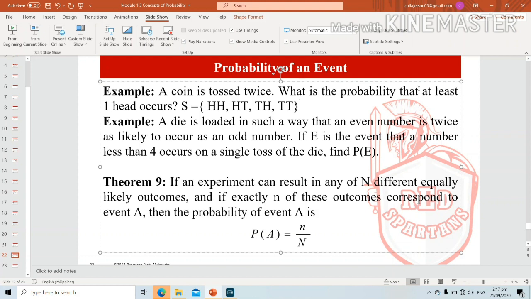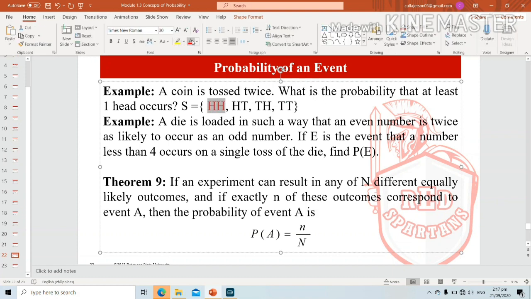So, kunin natin. Sabi, what is the probability that at least one head occurs? So, alin ba dyan? Pag sinabi natin at least one head, pwedeng isa, pwedeng dalawa. So, alin ba dyan yung may head? Ito, ito, at ito. Yan yung merong head. Then, lahat ng yan ay 1/4 ang probability.